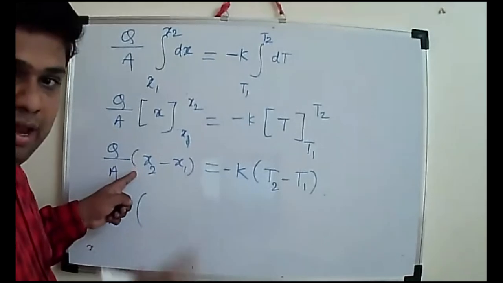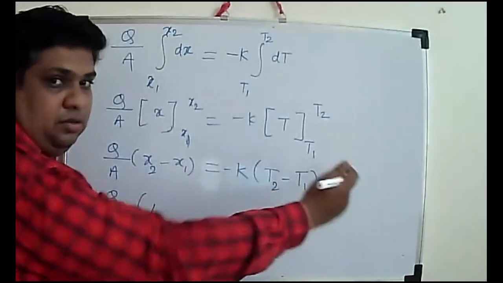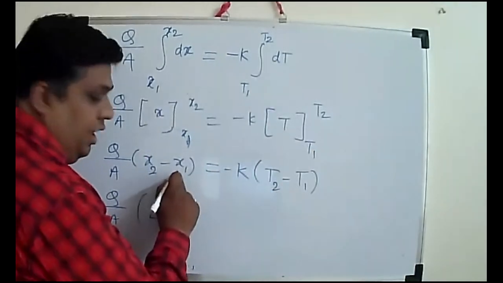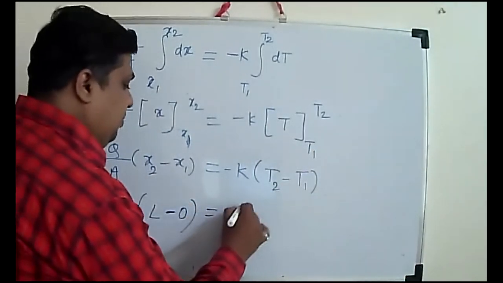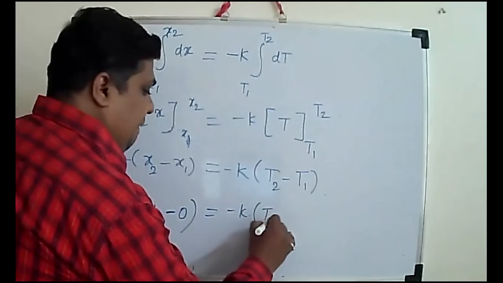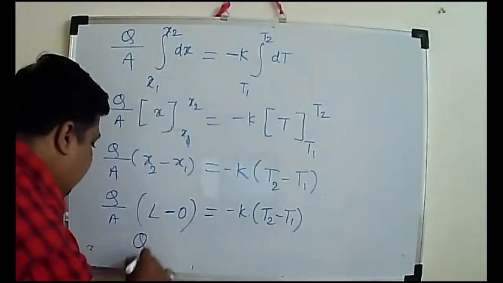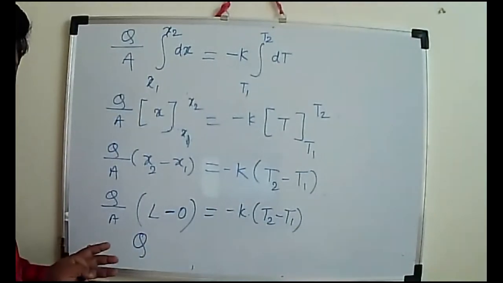डायग्राम में x2 का वैल्यू आता है L, राइट मोस्ट कॉर्नर, सबसे राइट साइड में, और x1 ये ओरिजिन है, यहाँ पे लेंथ 0 रहेगा. So therefore I am keeping Q on left side only. सिर्फ मैं Q लेफ्ट साइड में रख रहा हूं.